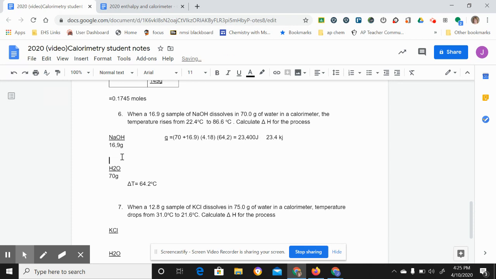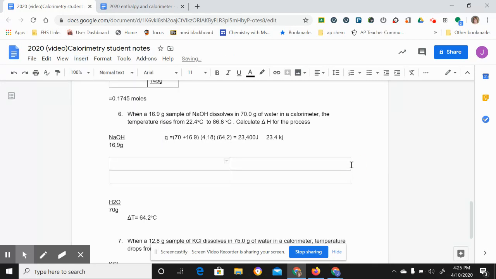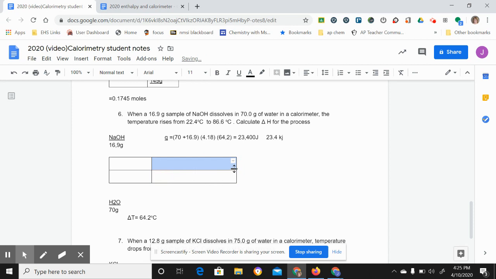So let's do one of those charts again because we need to get our moles of sodium hydroxide. So let's insert a table. Okay, so we have 16.9 grams of sodium hydroxide. We need to convert that.